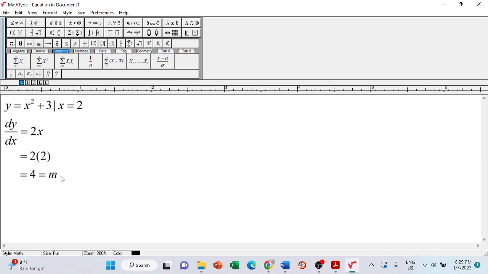Bila x kosong, y berapa? Bila y kosong, x berapa? Can you give me? From this equation, this is curve lah, quadratic equation kan. Bila x kosong, y berapa?